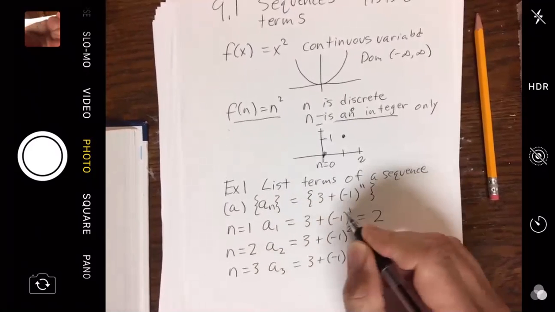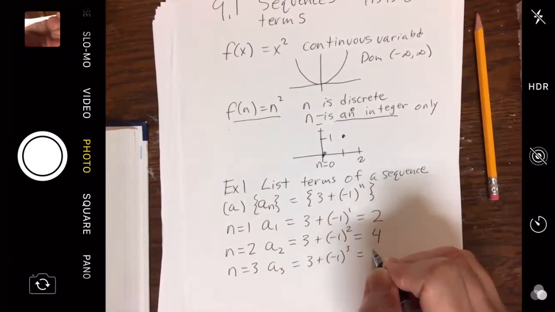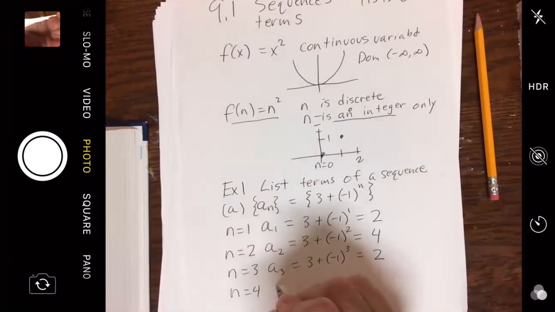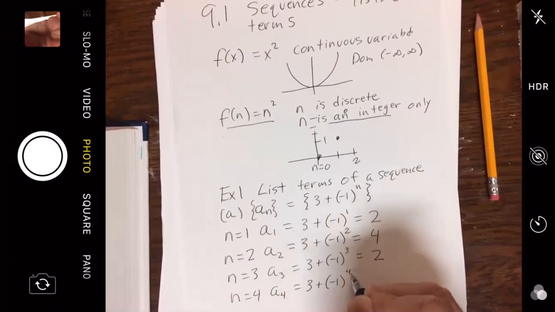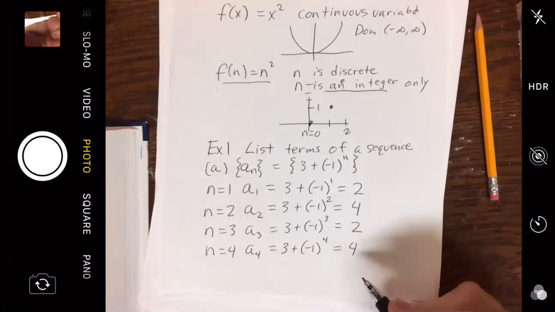An odd power is going to make this negative, subtracting 1 from 3, giving you the 2 again. n is 4, you get 3 plus (minus 1) to the fourth, and an even power makes this positive, adding to the 3, giving you the 4. It's just going to bounce between 2 and 4.